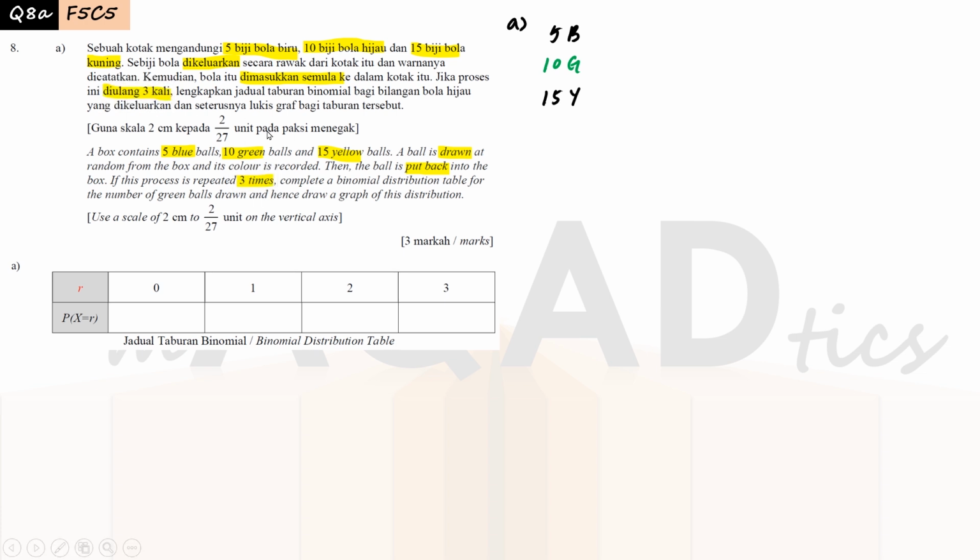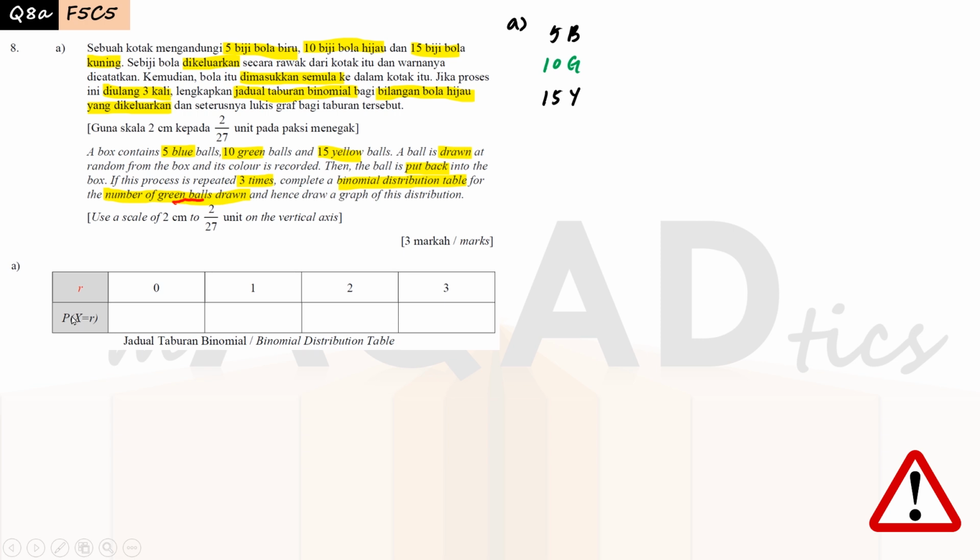So according to this experiment here, we need to complete this binomial distribution table below according to the number of green balls drawn. Okay, so this is the focus. We need to focus on the green balls.